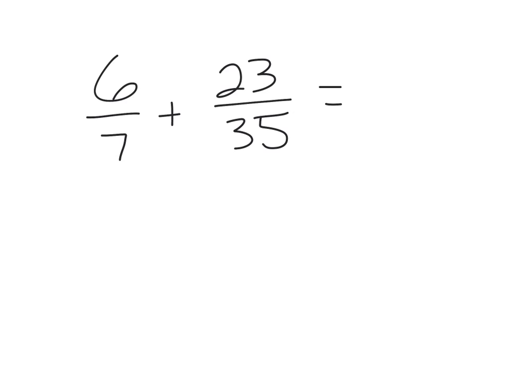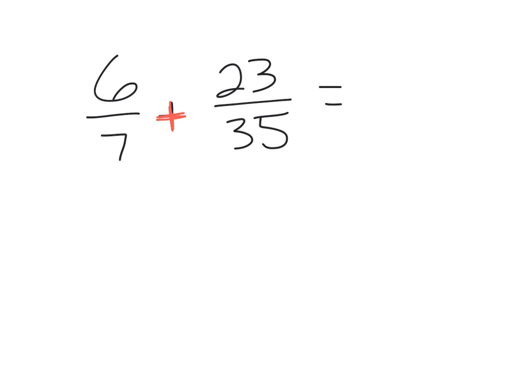Now, anytime we're adding, whenever you see plus or minus in operations with fractions, we always have to have the same denominator. So what we just did in those previous two questions, we have to give them the same number. Now, in the fractions with the denominators that we have right now, we have 7 and 35. They're obviously not the same denominator, so we have to make them the same. And that's where we come across the common denominator.